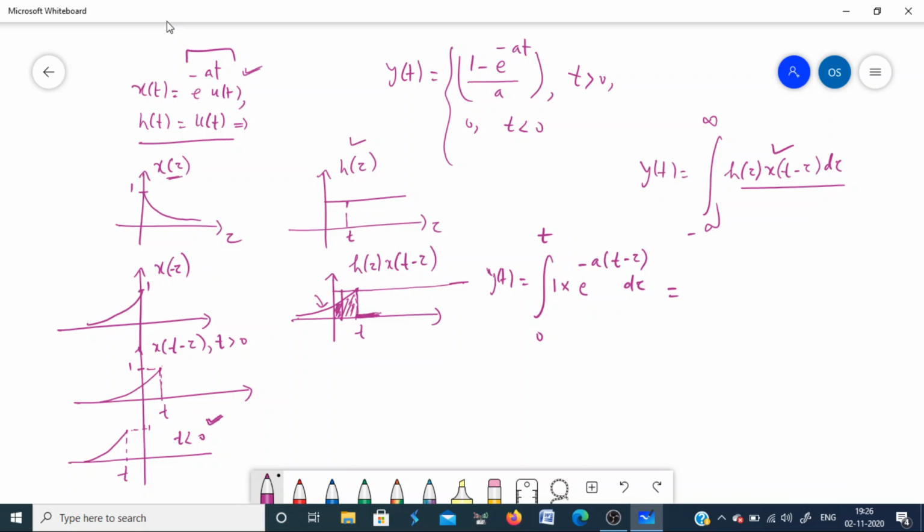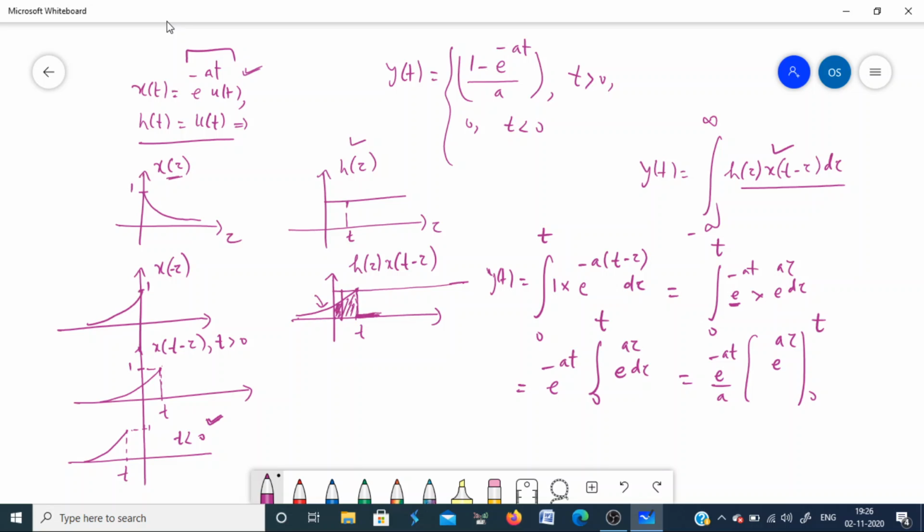If you solve this integration, you will get e raised to power minus at into e raised to power a tau d tau. Since e raised to power minus at is constant, and the integration is with respect to tau, I can take it outside the integration. So 0 to t e raised to power a tau d tau. The integration of this is e raised to power a tau divided by a, from 0 to t.